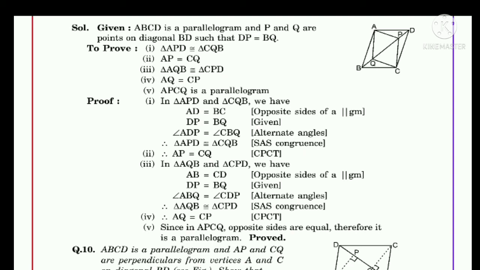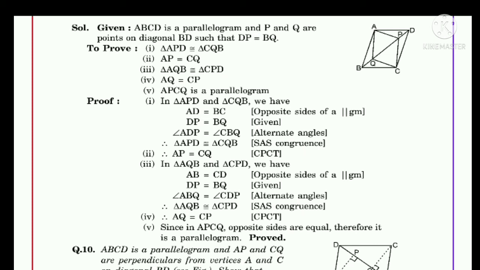Is it clear? So our main task is just to identify the triangles. If you draw the triangles separately, APD separately and CQB separately, then we can easily understand. And by CPCT, AP equal to CQ. Is it clear? Similarly, in the third case, we consider another two triangles, AQB and CPD, and apply the same conditions as we did in the first case.